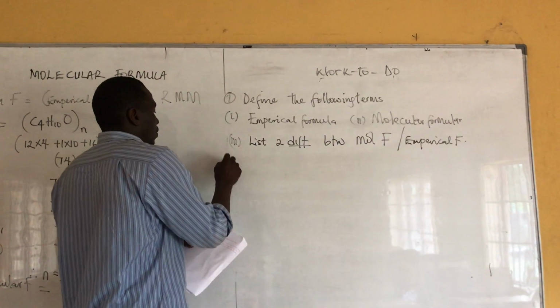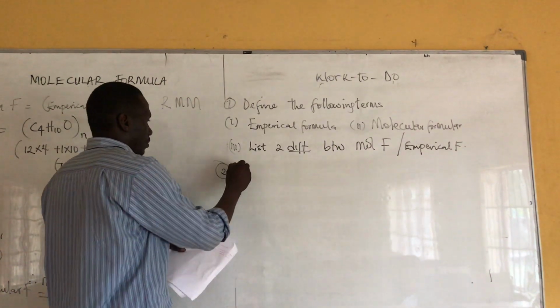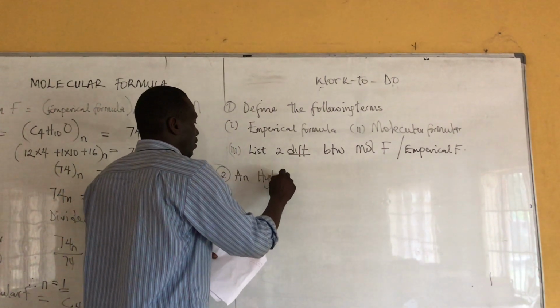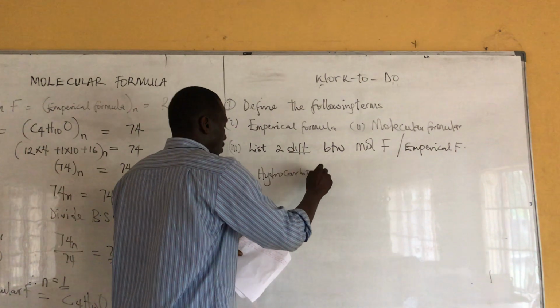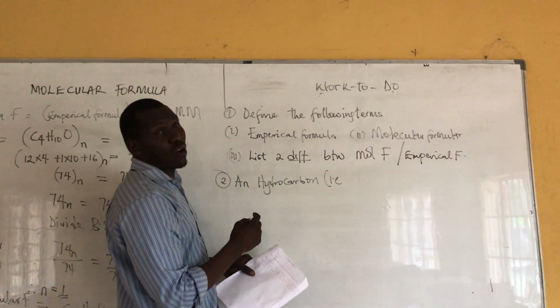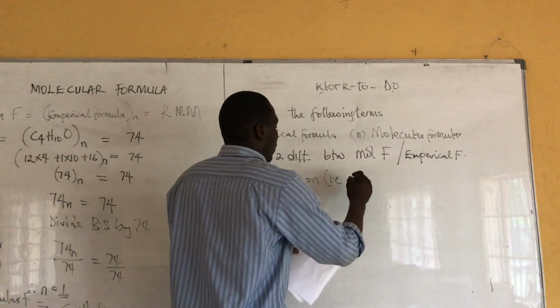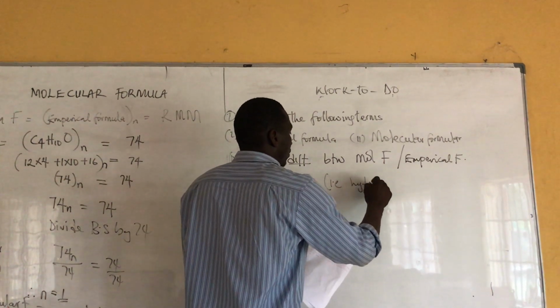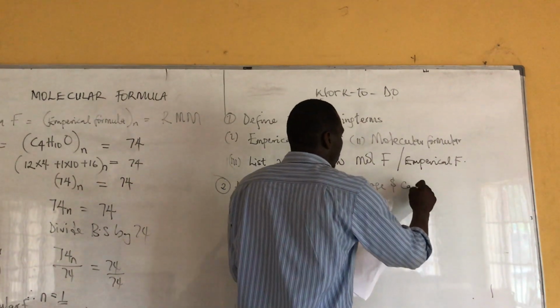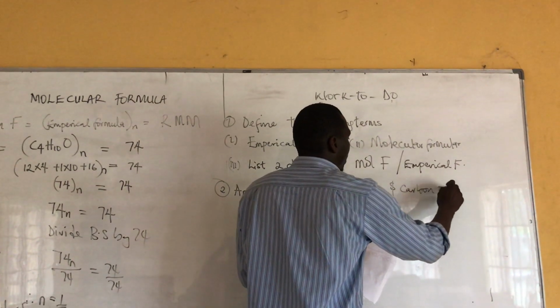Question number 2. A hydrocarbon. What is a hydrocarbon? Hydrocarbons are compounds that contain hydrogen and carbon only.